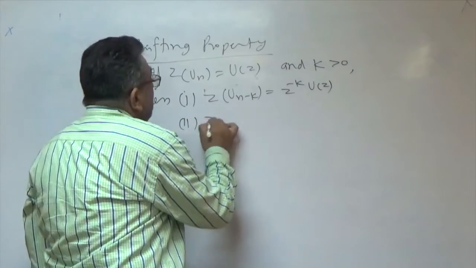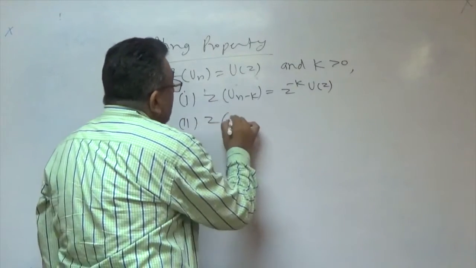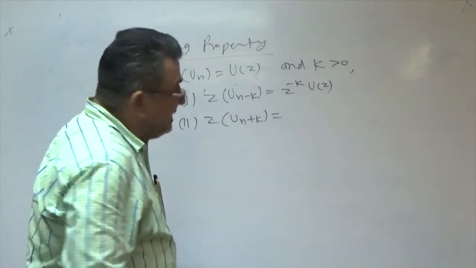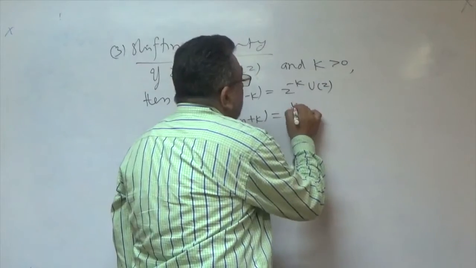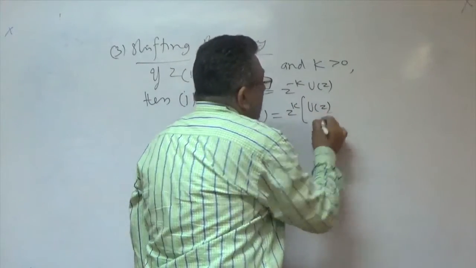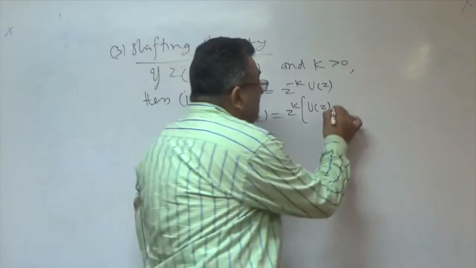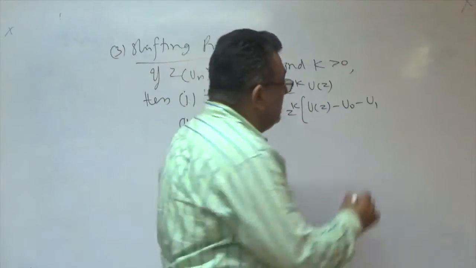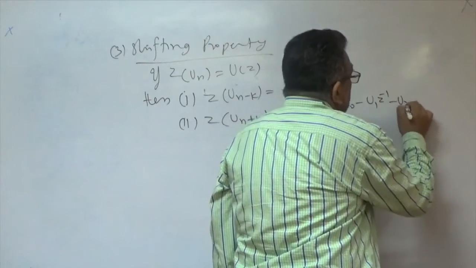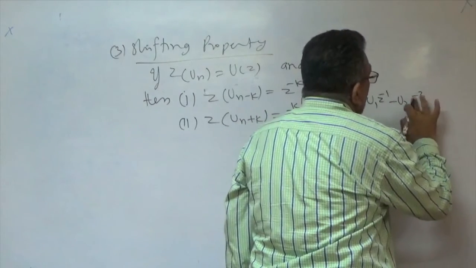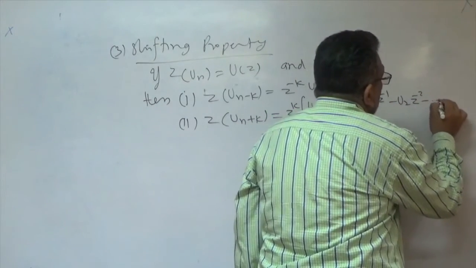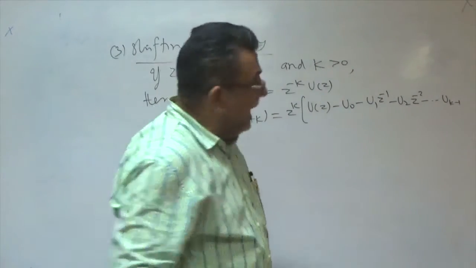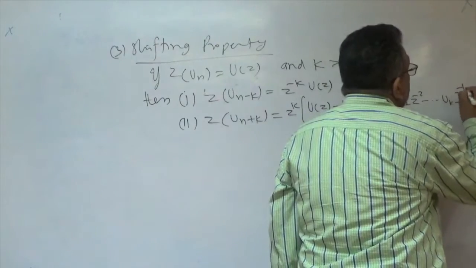Second, if we shift in the positive side, that is u n plus k, then this is equal to z to power k in bracket u of z minus u0 minus u1 z to power minus 1 minus u2 z to power minus 2 and so on, up to u k minus 1 z to power minus k plus 1.